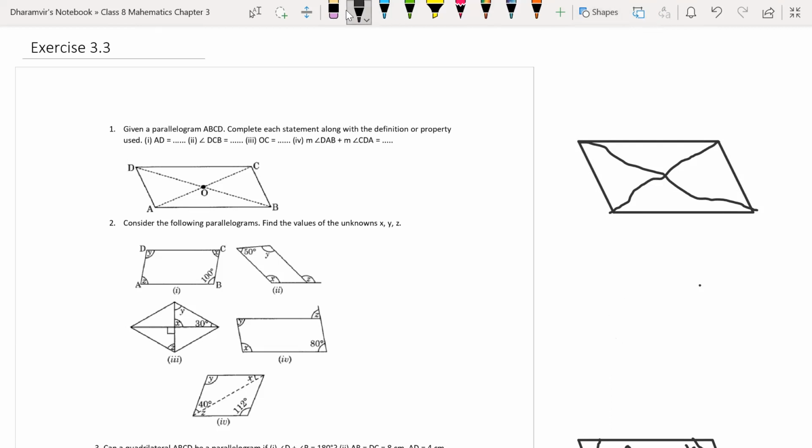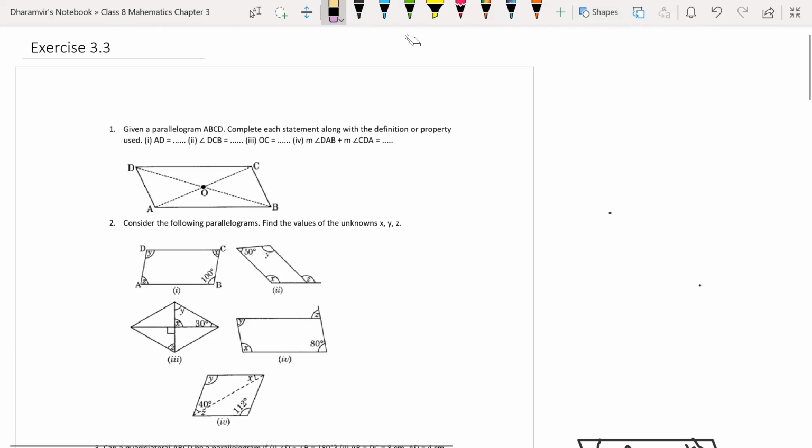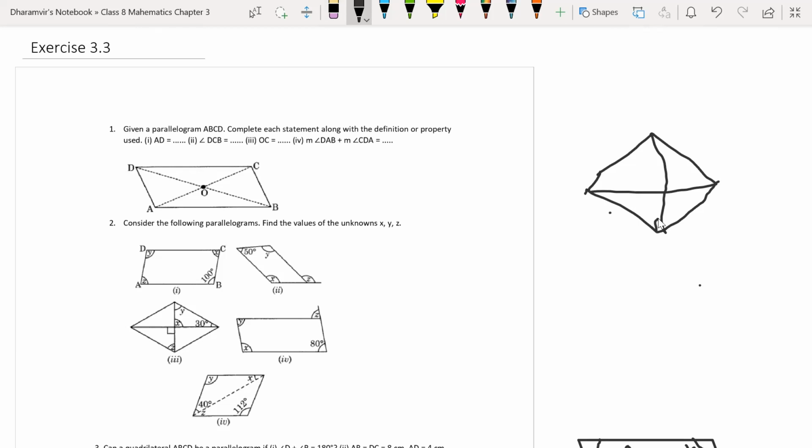Oh, sorry. No. Let's make it like this. Make a figure. Okay, there is some problem.